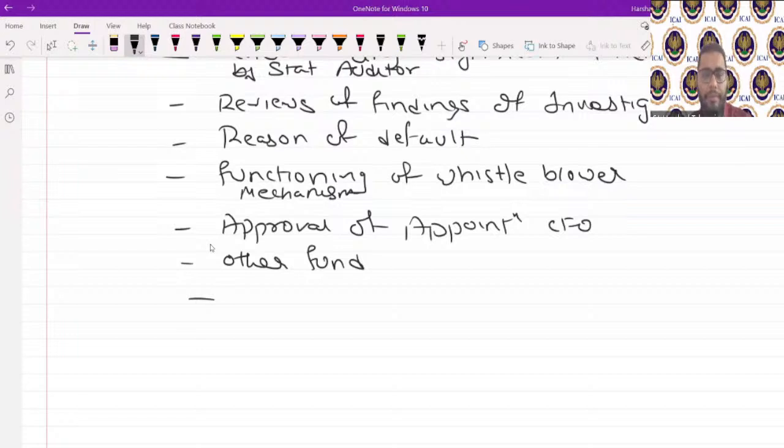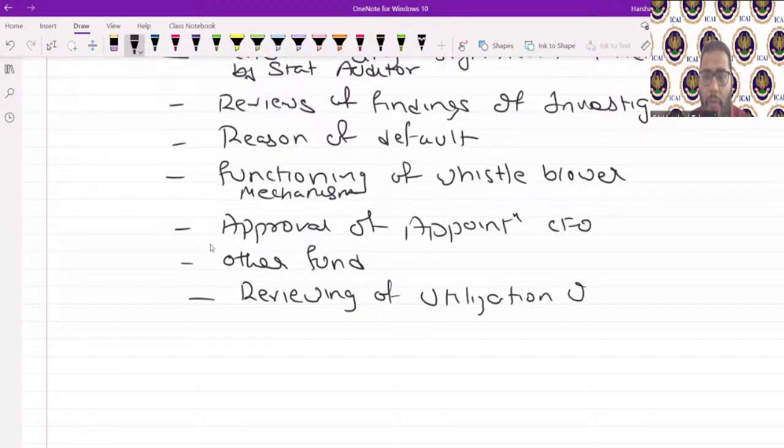Then reviewing of utilization of loan, and last is consider and comment on rationale, cost benefit and impact of schemes.